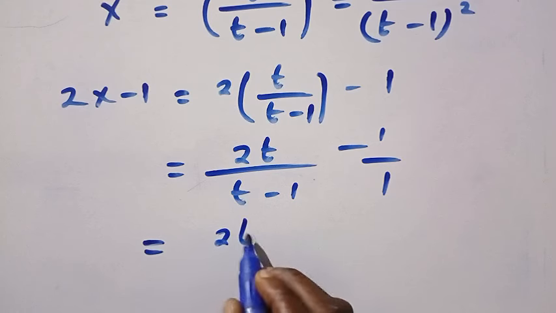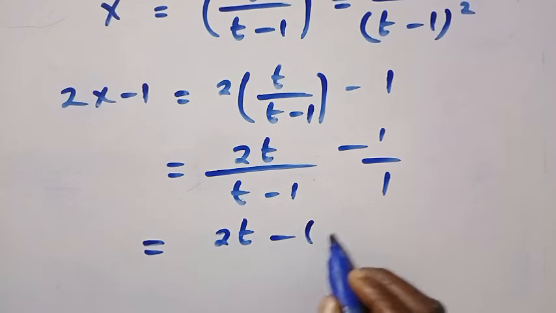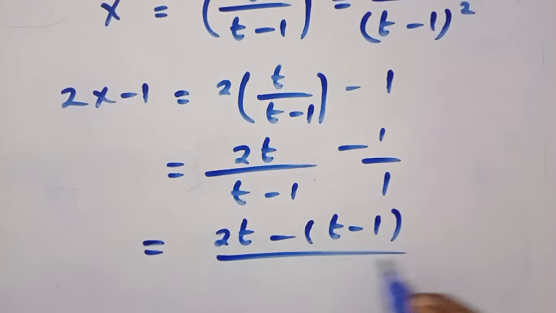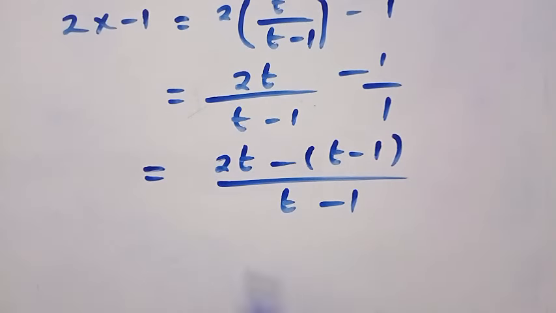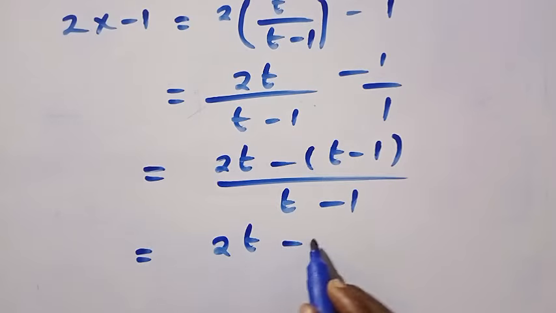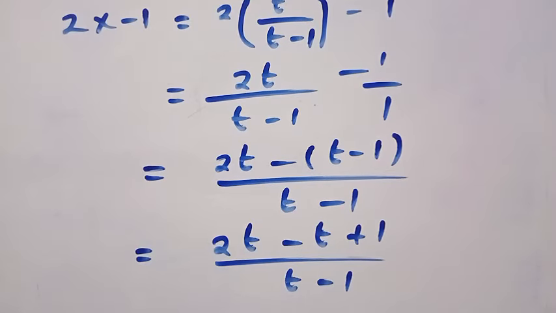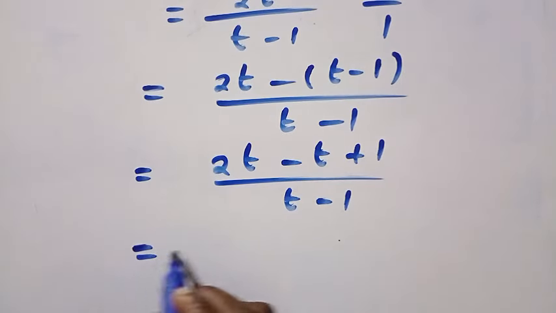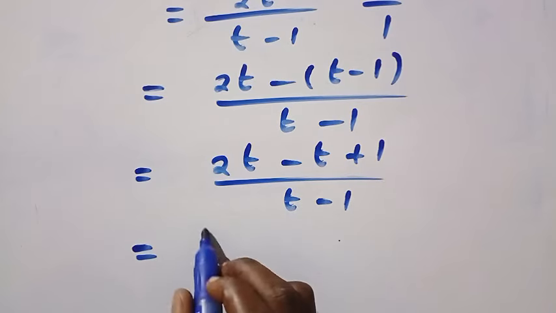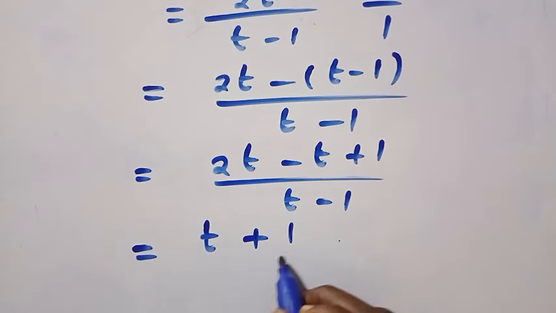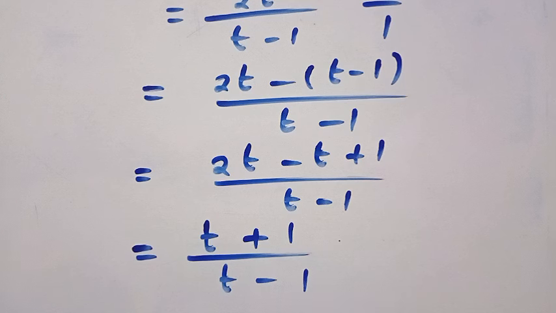And we have this as 2t minus the bracket t minus 1, divided by t minus 1. So here we have 2t minus t plus 1 divided by t minus 1. Then 2t minus t gives us t plus 1 over t minus 1. This is the value of 2x minus 1.